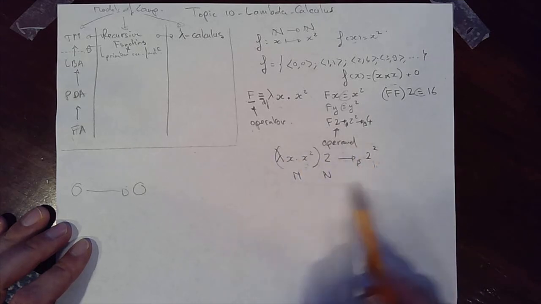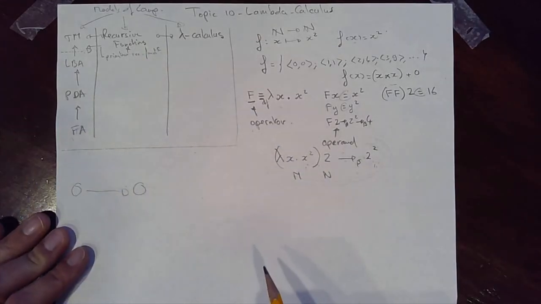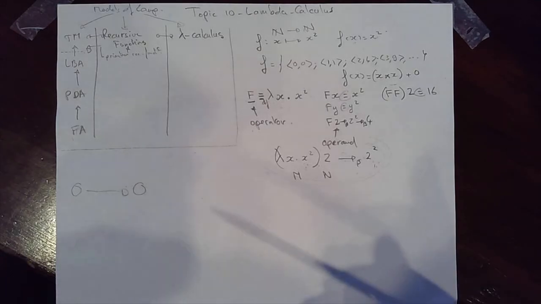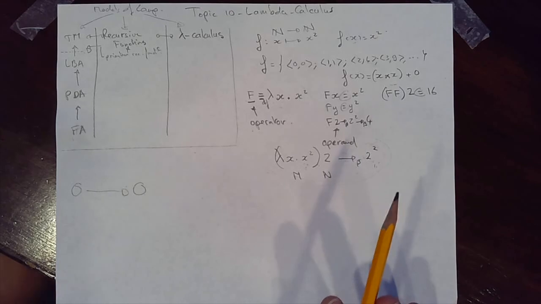So yes, lambda calculus is computational, in some sense more computational than recursive functions, because recursive functions are, you could say, static, right? That is important. It's not just a purely philosophical consideration.